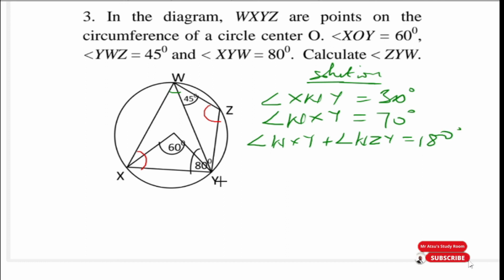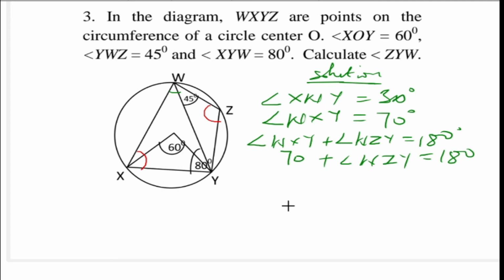Good. So we know WXY to be 70 plus angle WZY should give us 180 degrees. So angle WZY equals 180 minus 70, and that will give us 110 degrees.